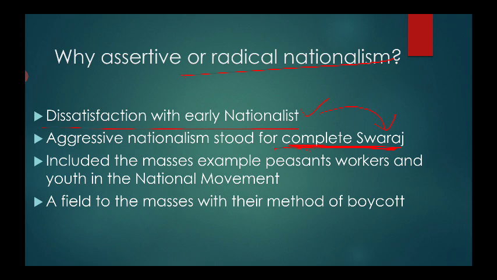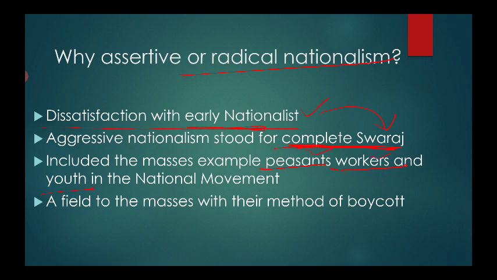Next one. What were the exact causes for the rise of assertive or radical nationalism? First one, we have already learned, the failure of the early nationalists. Constitutional methods of early nationalists. The early nationalists adopted constitutional methods to achieve their aims.